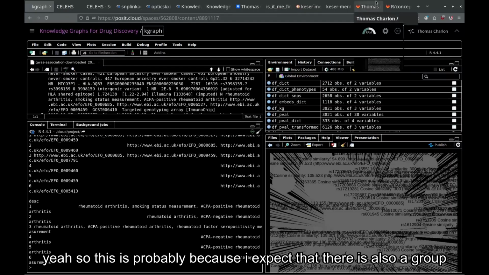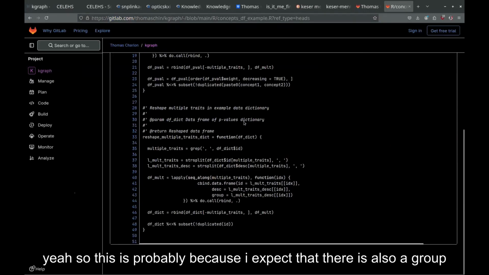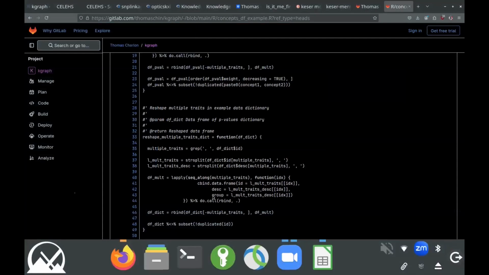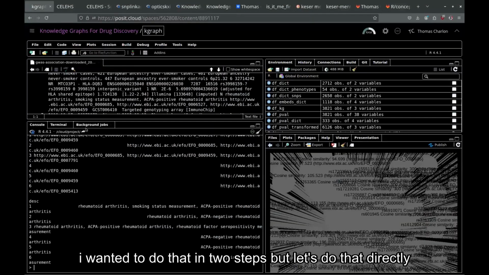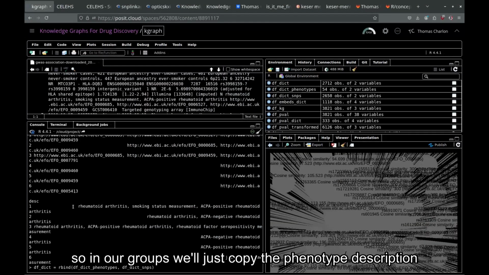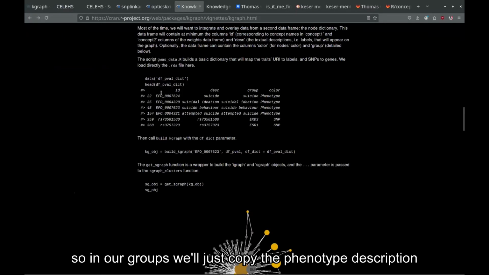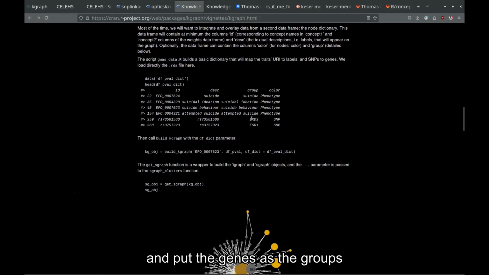Yeah, so this is probably because I expect that there is also a group column. I wanted to do that in 2 steps, but let's do that directly. So in our groups, we'll just copy the phenotype description and put the genes as the groups.